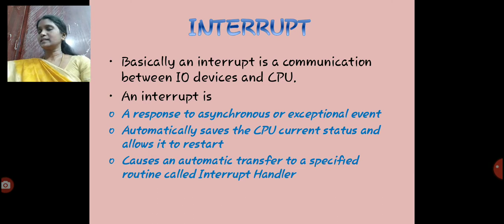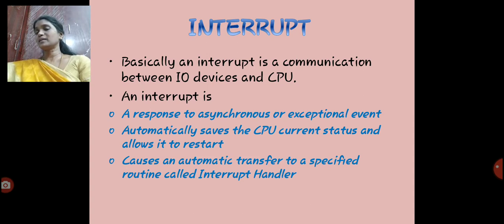So what is an interrupt? When an interrupt arises, what are the things that happen? An interrupt is a response to an asynchronous or exceptional event. Then an interrupt automatically saves the CPU's current status and allows it to restart.